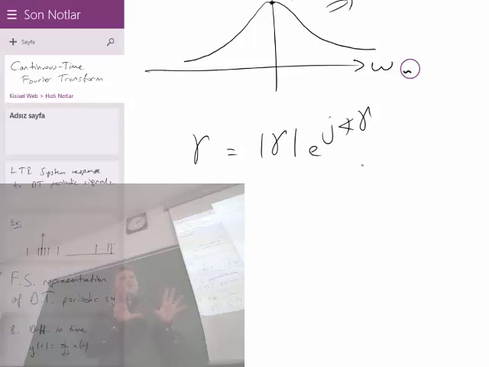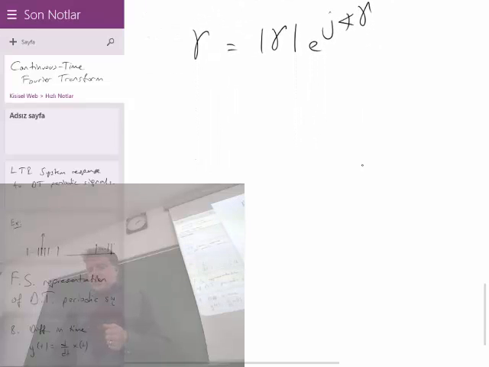That's how you decompose it. The low pass, high pass, etc. characteristics come from the magnitude of gamma. The angle, for the time being, is not very important for our purposes. So that was our first example.